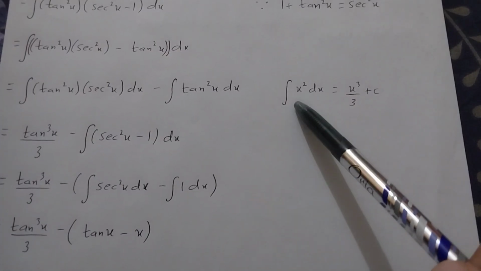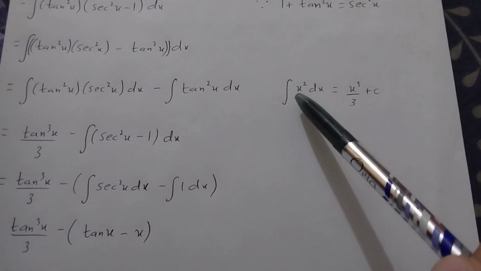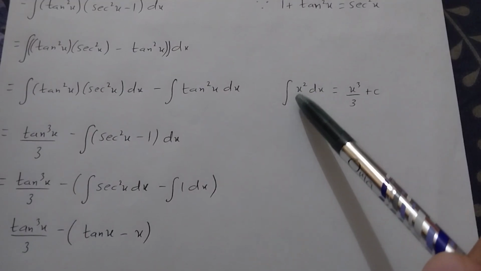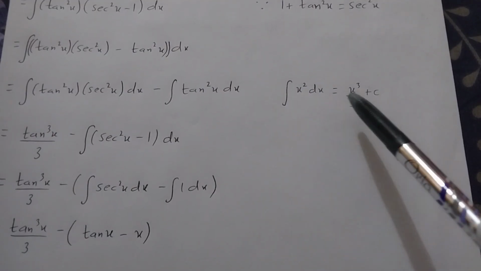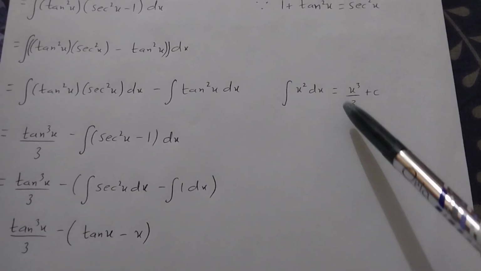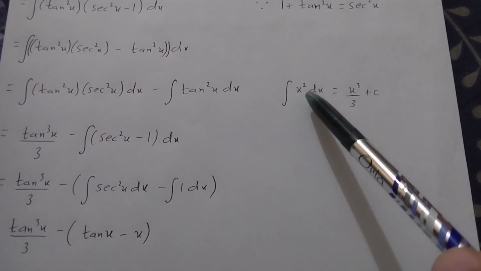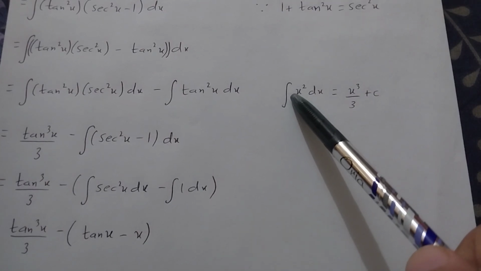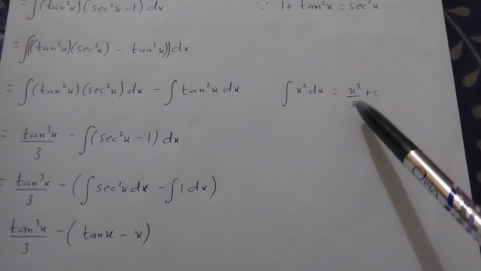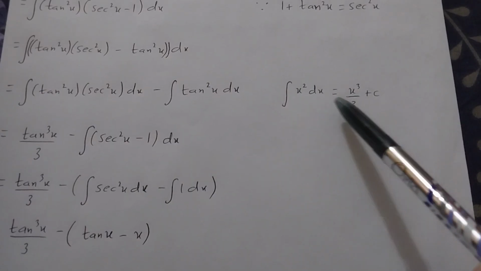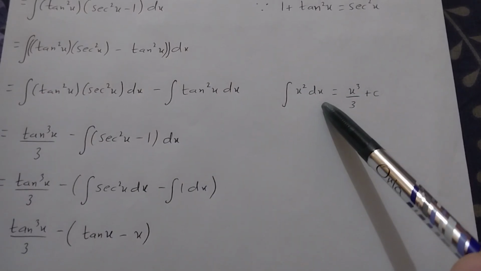So in order for us to write that the integral of this is x cube, we have to divide by 3, so that the 3 which is missing here, which should have been multiplied here, is being divided here, so they cancel out the effect.